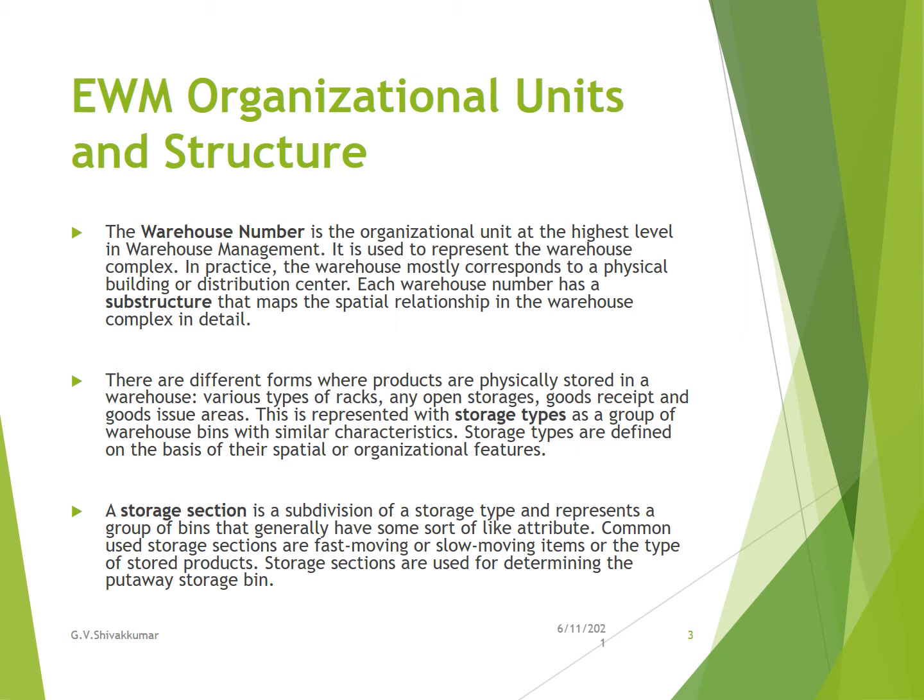It is a grouping that represents a group of bins that generally have a similar attribute. Commonly used storage sections are fast-moving or slow-moving items, or the type of stored products. Based on the business requirement, we categorize into different sections, and these are further divided into storage bins. Storage sections are used for determining the putaway storage bin.